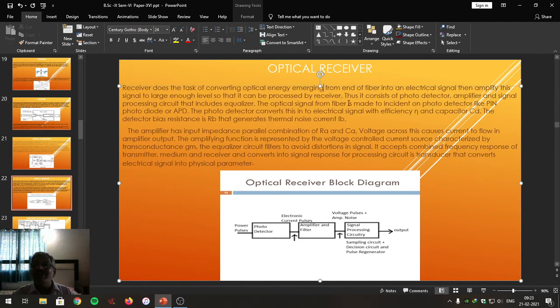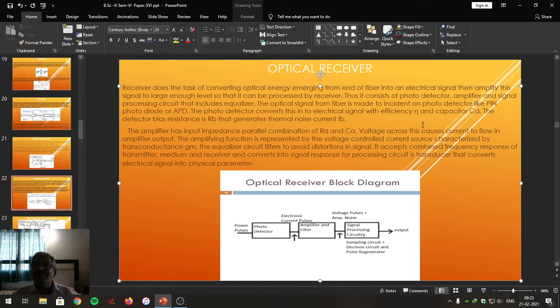The optical signal from the fiber is made incident on the photodetector like a PIN photodiode or APD. We studied its details. The photodetector converts this into an electrical signal with efficiency eta and capacitor CD. The detector bias resistance is RB that generates thermal noise current IB. All these are the terminology used for the amplifier purpose.